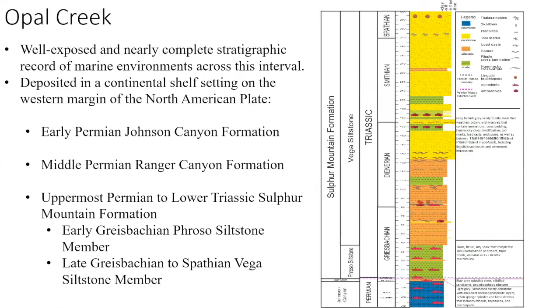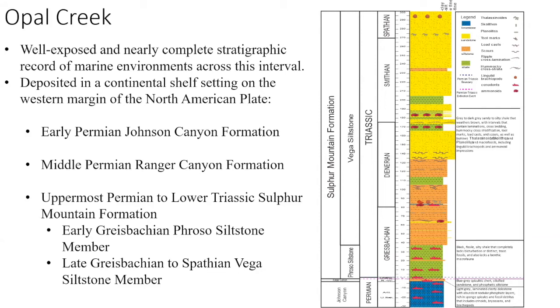All right, so Opal Creek. Why Opal Creek? So Opal Creek in itself is a well-exposed and nearly complete stratigraphic record of marine environments across the Permian-Triassic interval. It is deposited primarily in a continental shelf setting along the western margin of North America.